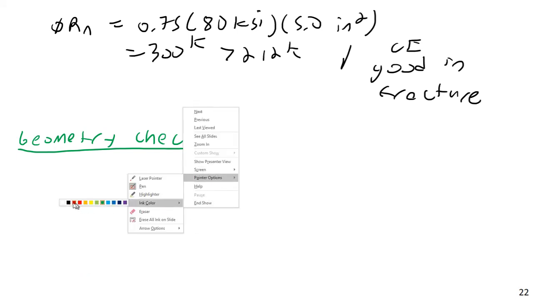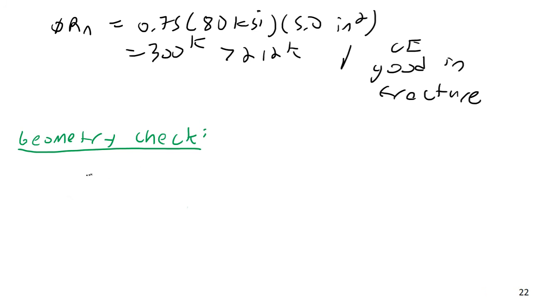That's going to be to check to make sure that 0.85 times the gross area is greater than or equal to the net area. Sorry, late at night. The net area, not area nominal. I see N sometimes. I think nominal, not net.